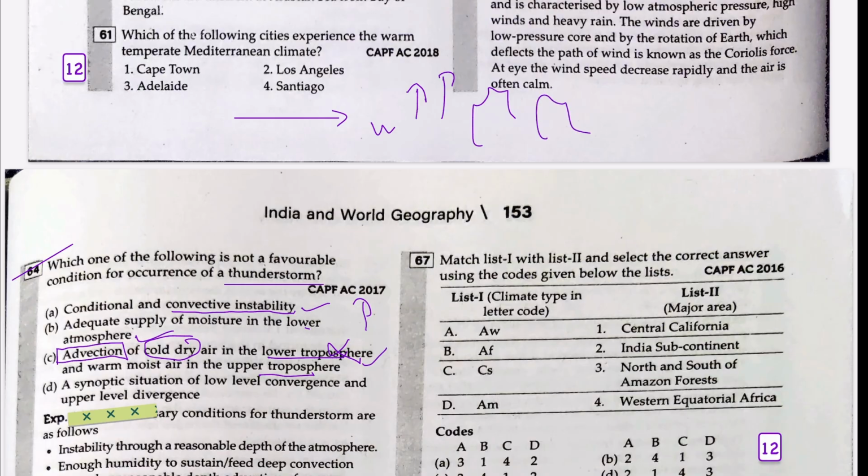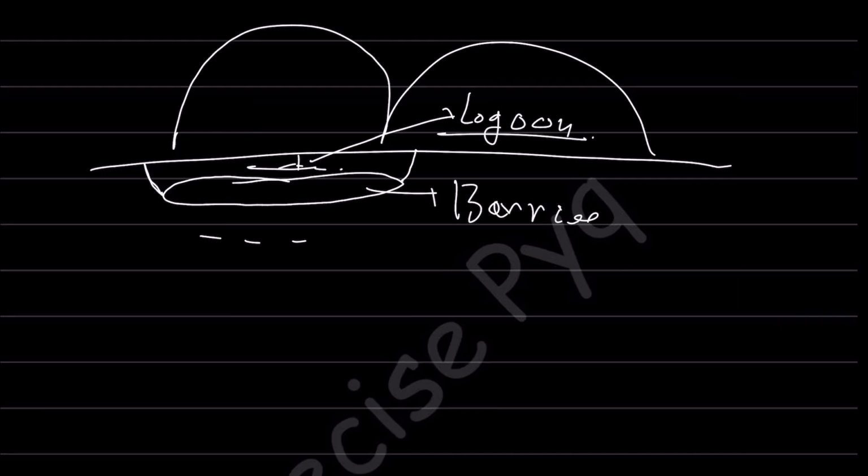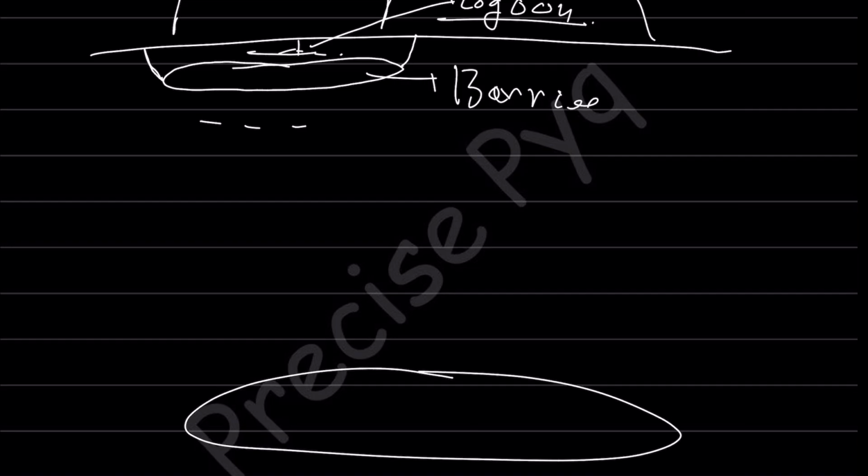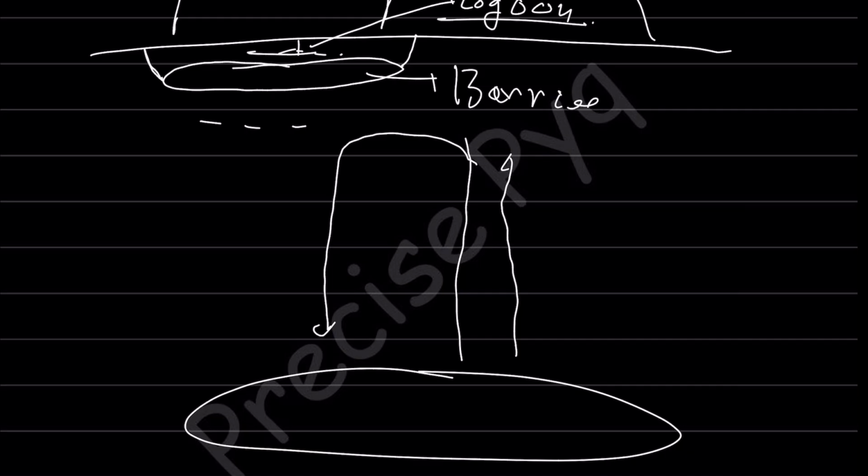So this is wrong. A synoptic situation of low level convergence and upper level divergence. What does this line mean? So now there is sea, moisture, updraft, downdraft, it will diverge here, like it happens in cyclone.